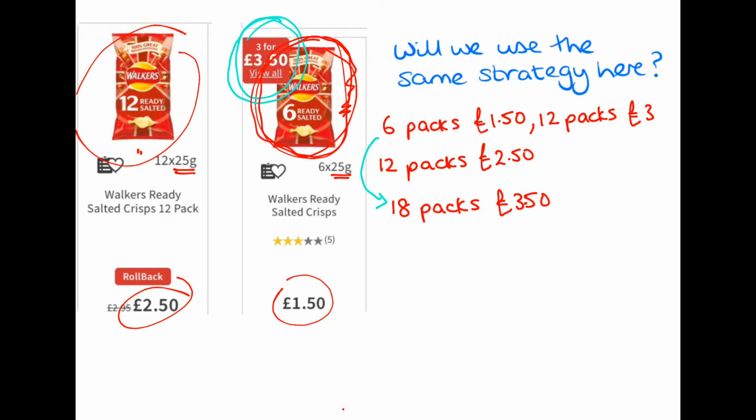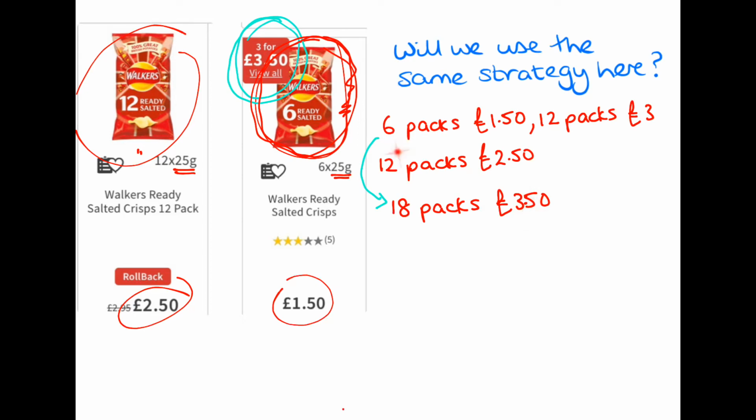However, we do need to consider this 18 packs for £3.50, don't we? So let's have a think here: 12 packs cost £2.50, 18 packs cost £3.50. How can we work out which one of those is better value?